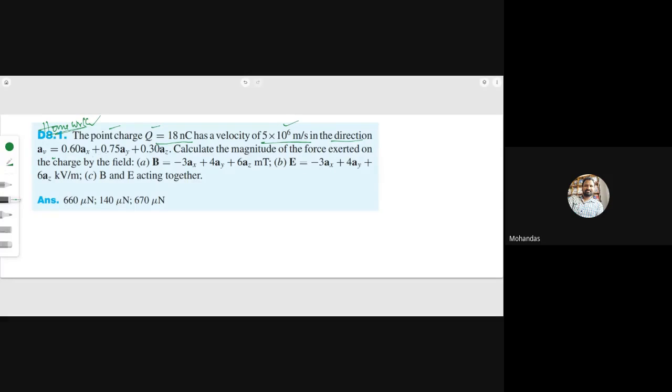Then calculate the magnitude of the force exerted on the charge by the field B, the magnetic field, and he has given the electric field also. And the third question is, if the same charge is moving in both magnetic field as well as electric field, what will be the force?